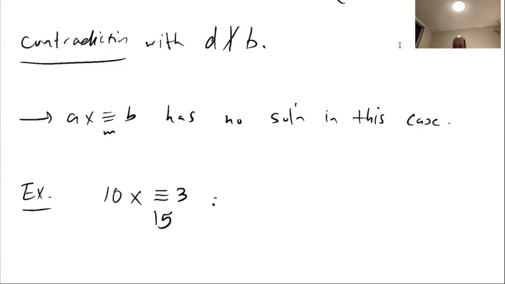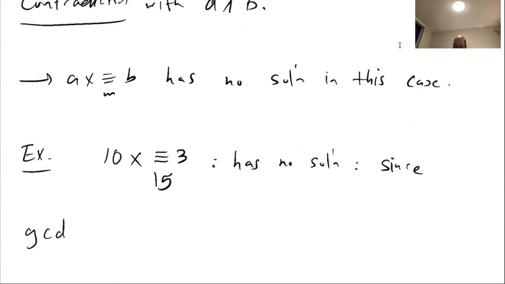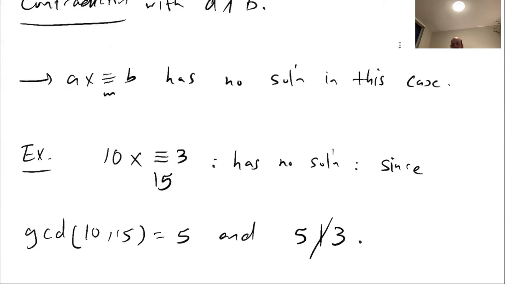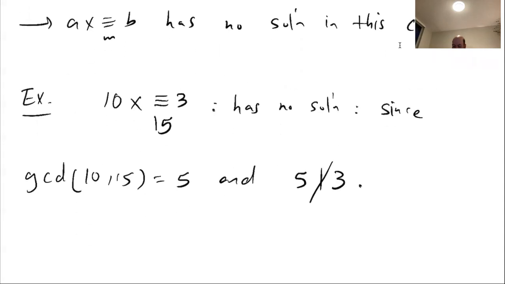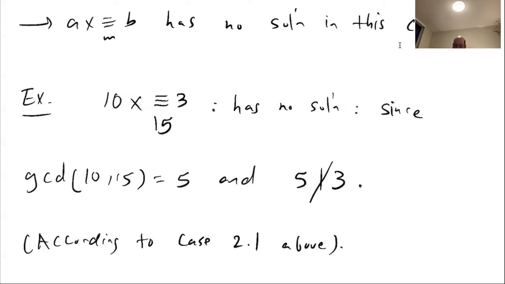So this one has no solution since GCD of A and M, GCD of 10 and 15 is 5, and 5 does not divide 3. 5 is not a factor of 3. Therefore, we are in case 2.1 above. And therefore, this congruence has no solution.